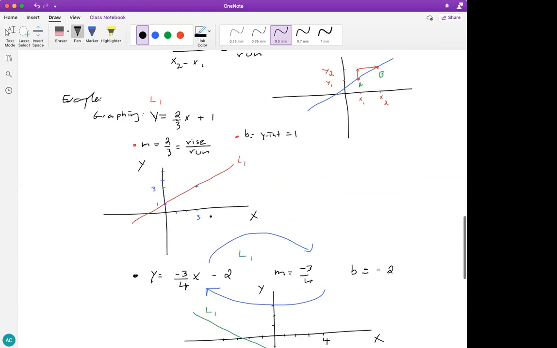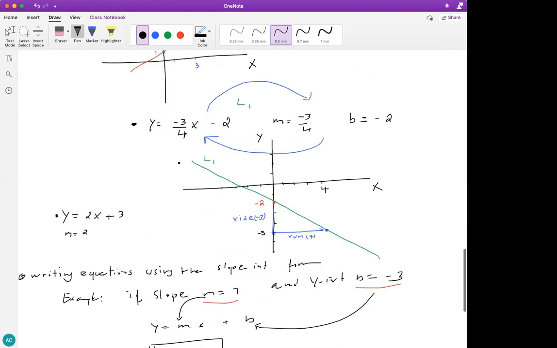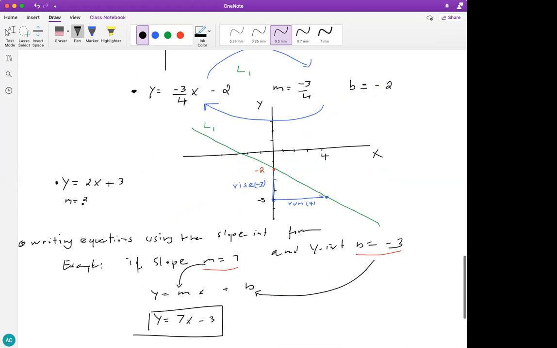The slope has to be in this form to graph rise over run. If you have 2, but you don't have a denominator here, it's 1. That's right. You can just put 1 here. So if you don't have a denominator, the run is 1. And this will be the rise over the run. Okay, so when you graph, we need to do this. If you don't have a denominator, feel free to use 1.